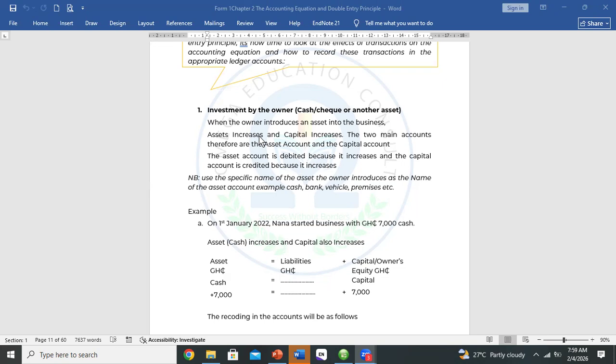If the owner invested a vehicle or a building, then we'd open vehicle or building account. And here you see that the vehicle, the building, the cash will be an impersonal item because it's not a person, right? So if it is cash or bank or a vehicle, that is impersonal.